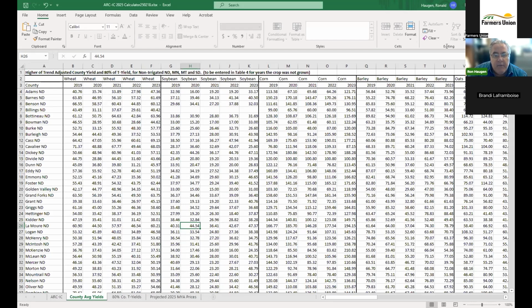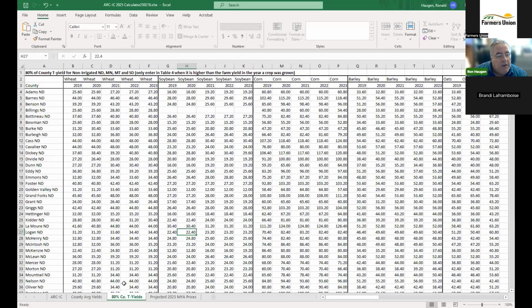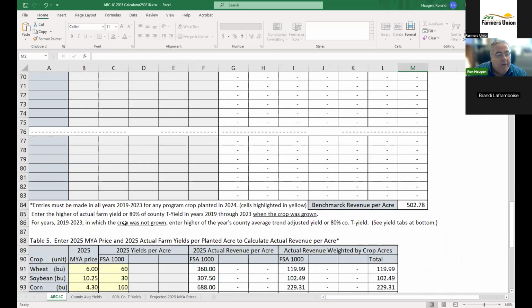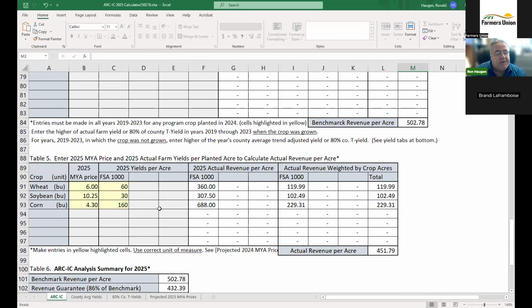This other tab is the 80% of T yields. You'll find your county, find your crop, and enter the higher of in that area on top. Table 5 is really a wild guess. What do you think the price is going to be for marketing year 2025?